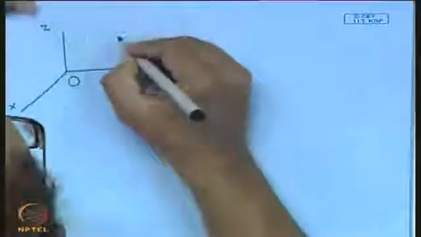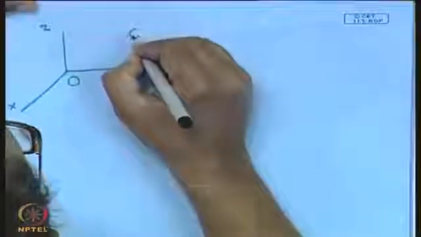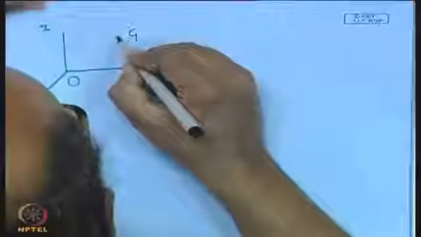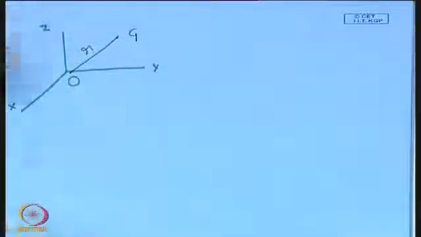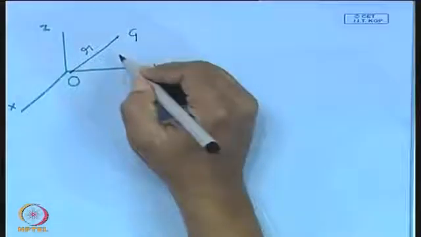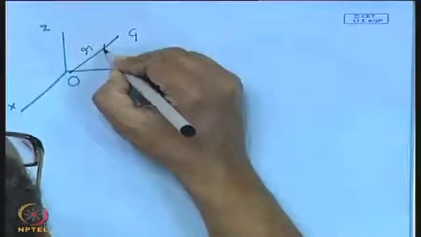We are working in comoving coordinates, so these are x, y, z comoving, and there is a galaxy G some comoving distance r away. And there is light being emitted by this galaxy which reaches this observer.